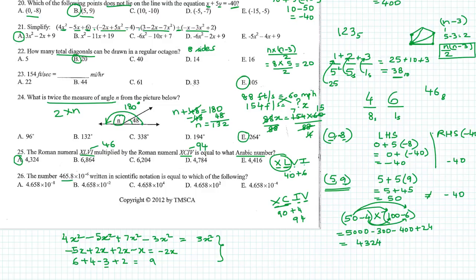So in the scientific notation, the decimal is immediately after the first number. So we want the decimal to move 2 places to the left, 1 and 2. So we want this number to be 4.658, and then we have to adjust the exponent for 10 to the power minus 6.